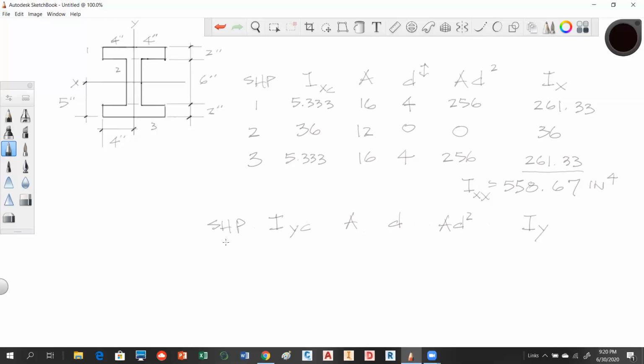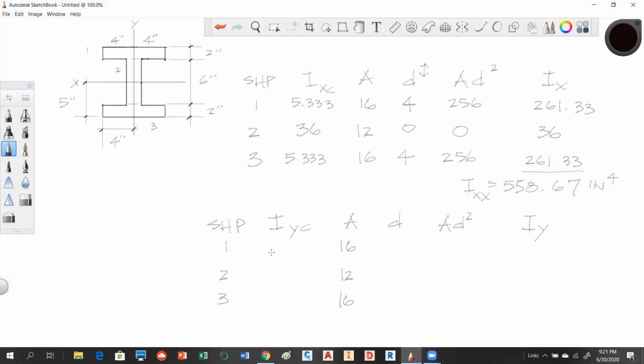So shape 1, shape 2, shape 3. Everything I'm going to change here except the area, so we can just copy those down. 16 for shape 1, 12 for shape 2, 16 for shape 3.